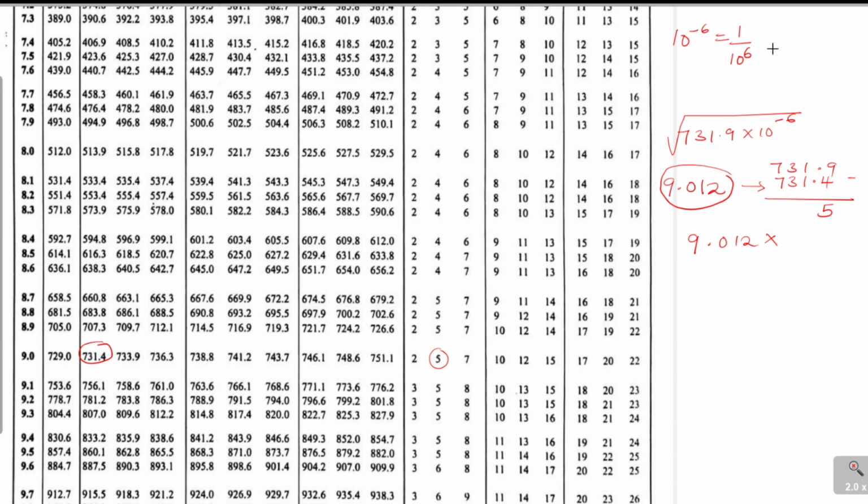10 raised to power -6 is the same as 1 divided by 10 raised to power 6, which is 1,000,000. So in simple terms, 10 raised to power -6 is the same as 1 divided by 1,000,000. So you get the cube root of 1 divided by 1,000,000.